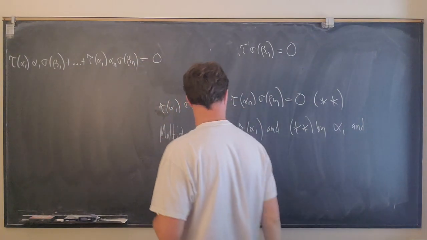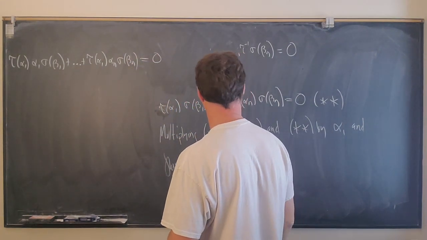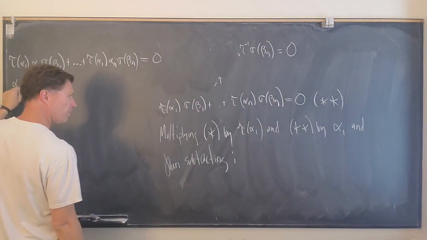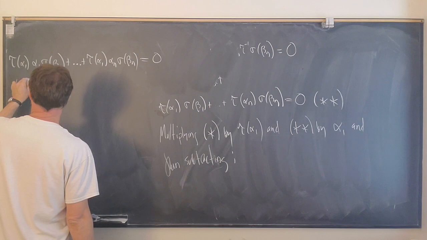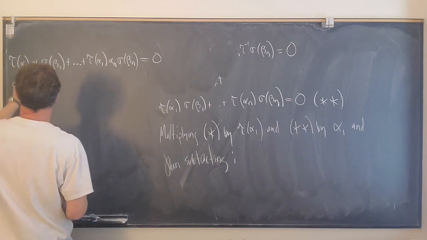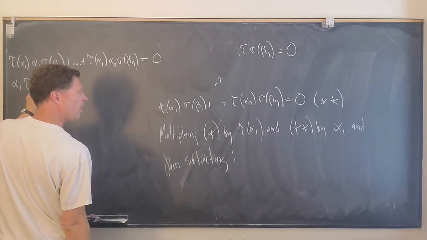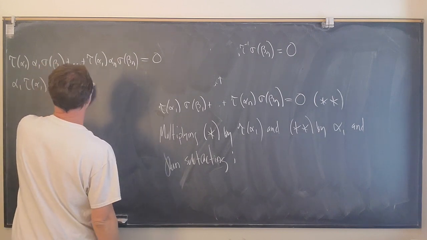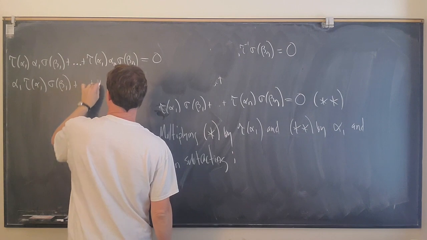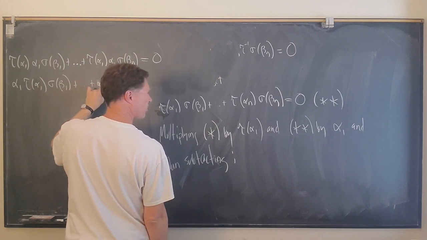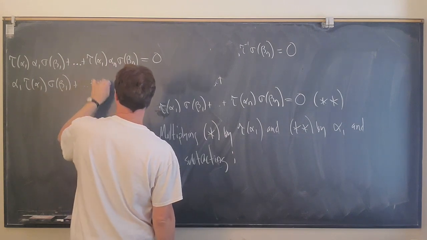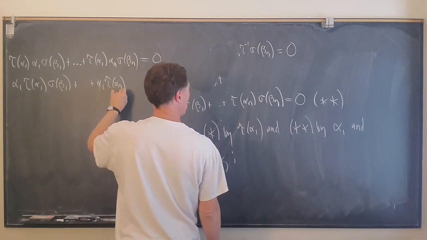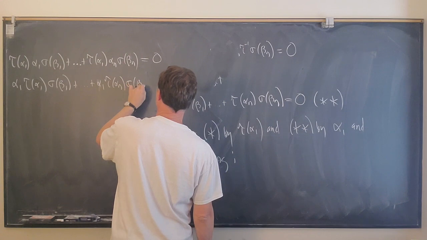And then I also multiply double star by alpha 1. So that'll be an alpha 1 tau of alpha 1 sigma beta 1 plus dot dot dot plus alpha 1 tau alpha n sigma beta n.